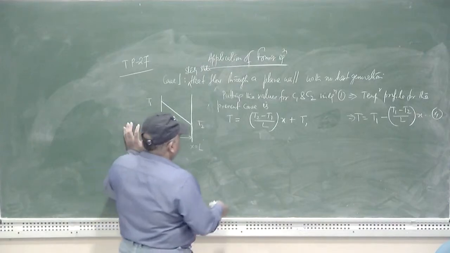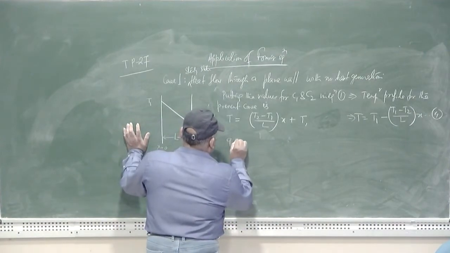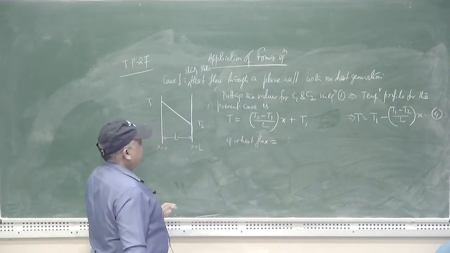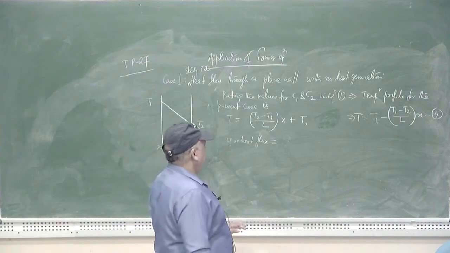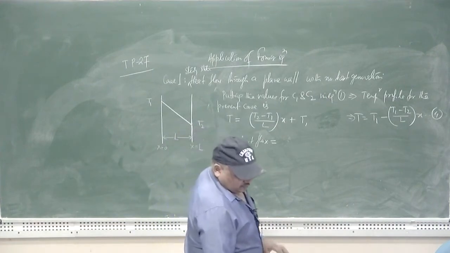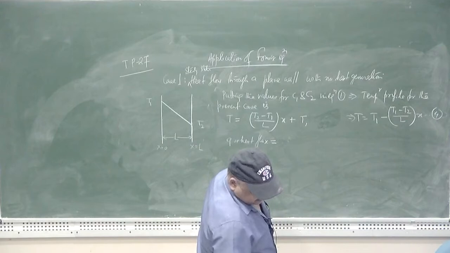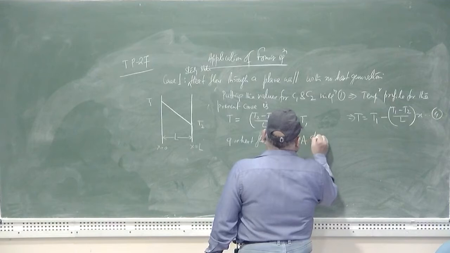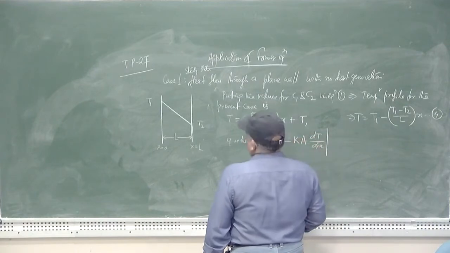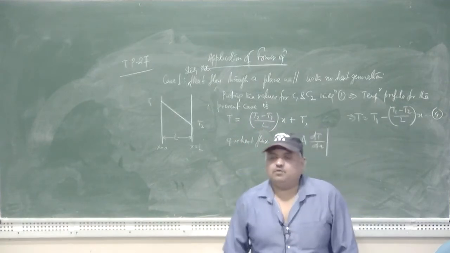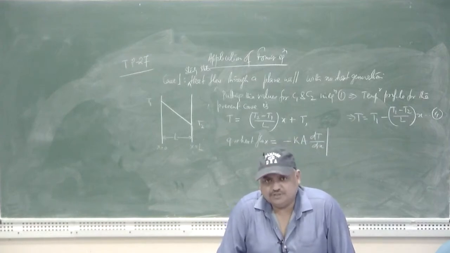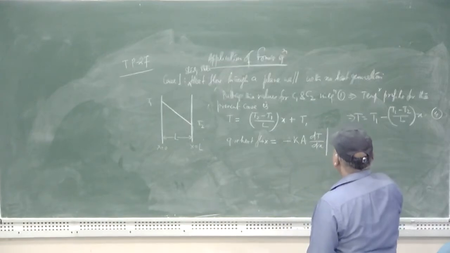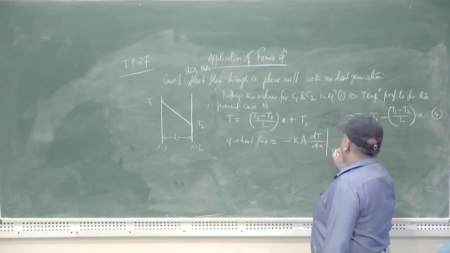So Q is equal to, that is heat flux, that is equal to, according to the Fourier law, K A dT upon dx, and where this dT by dx, the gradient, should be taken at x is equal to 0. So dT upon dx at x is equal to 0.